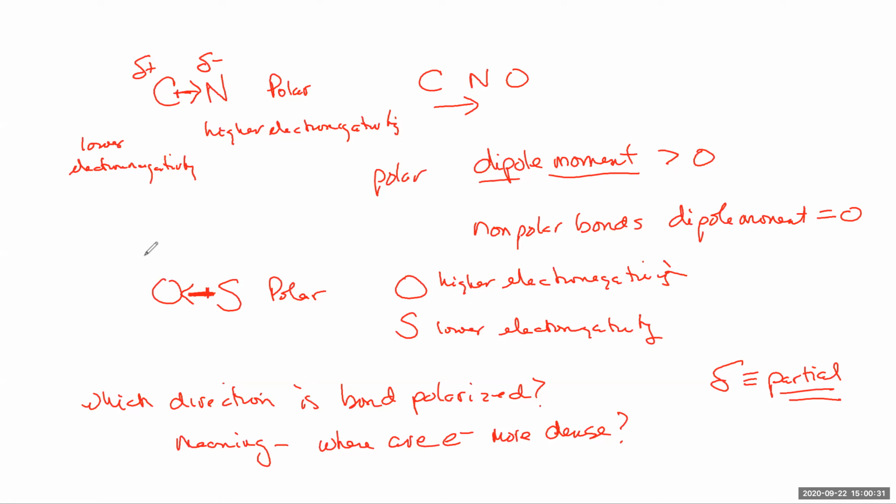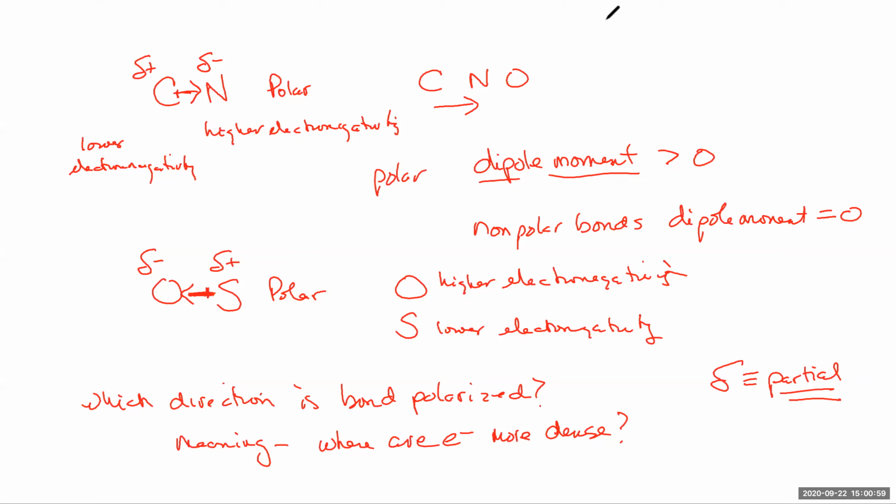In oxygen to sulfur, I would say that the oxygen is partially negative and the sulfur is partially positive. So you can use one way or another to indicate the direction of the dipole moment. The arrow's pointing towards the negative side, or you use the delta negative. The negative is always towards the atom that has the higher electronegativity, or that is attracting the electrons better than the other atom.